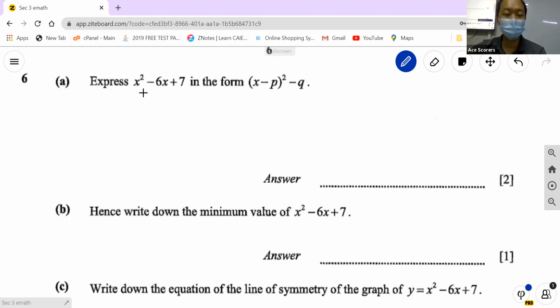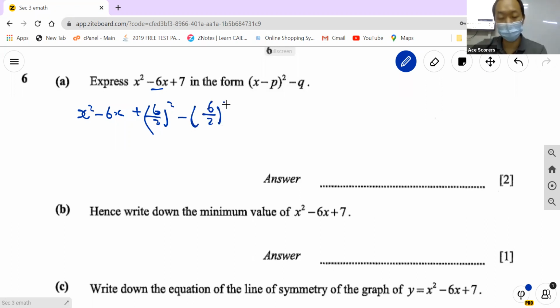So x squared minus 6x plus 7. We change to the form (x minus p) squared minus q. What do you have to do here? You have to take this, divide by 2, then square it. So our next step is x squared minus 6x plus (6 over 2) squared minus (6 over 2) squared plus 7.